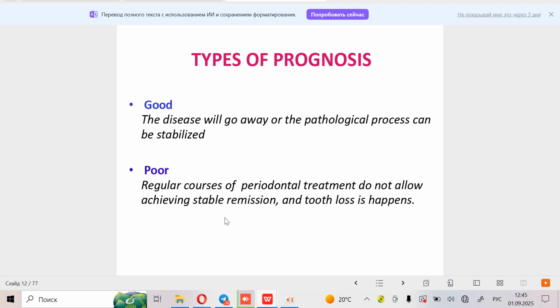Good prognosis when the diseases will go away or the pathological process can be stabilized. The poor type of prognosis, when the regular courses of periodontal treatment do not allow achieving stabilized remission, and tooth loss happens in the future.